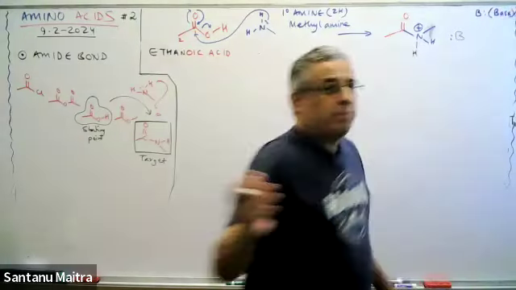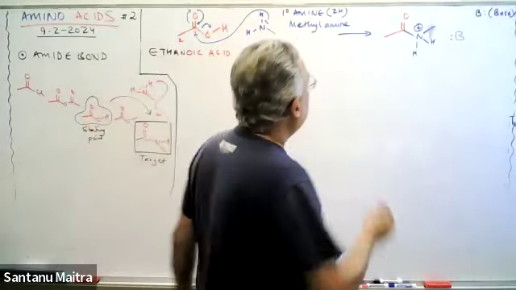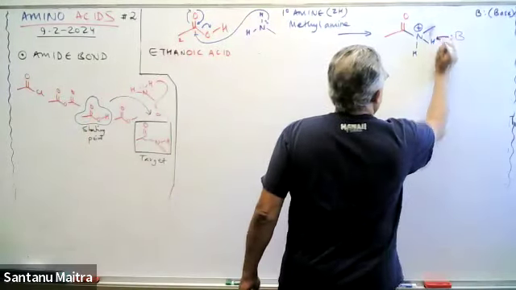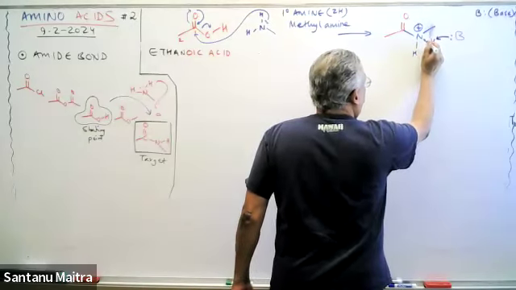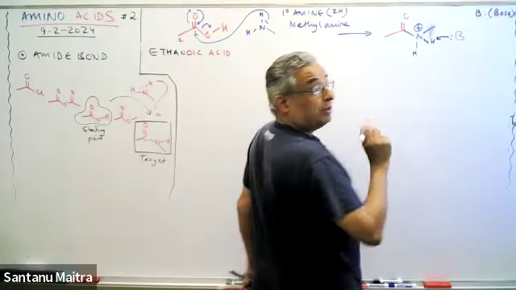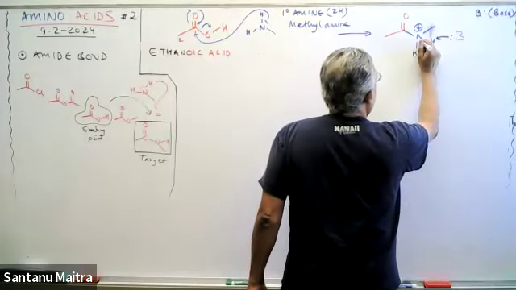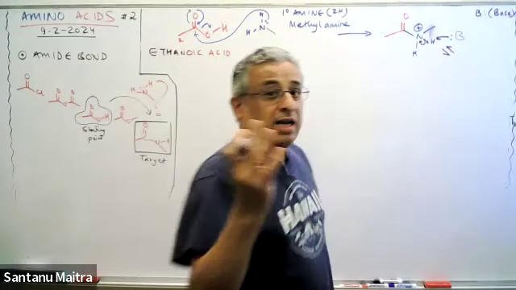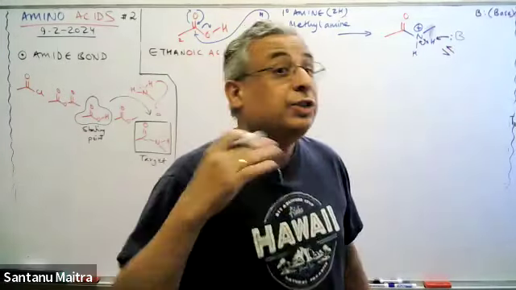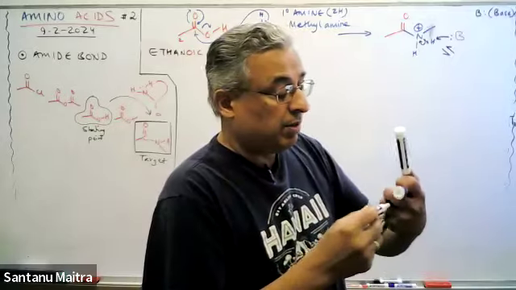What is a base? Base is something that grabs a proton. Okay, the base grabs a proton, and the bonding electrons between the nitrogen and that hydrogen go back, and this is an equilibrium arrow because adding a proton and losing a proton, generally speaking, is a reversible process.